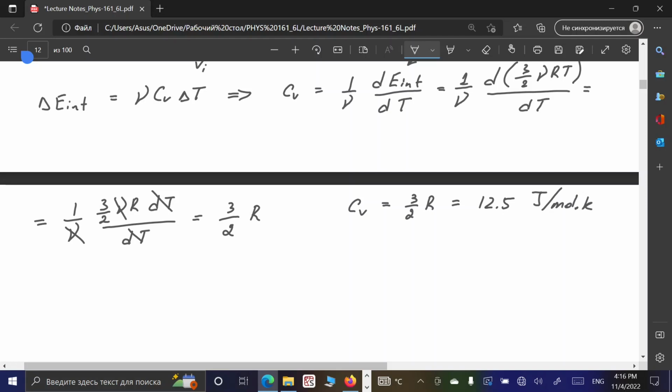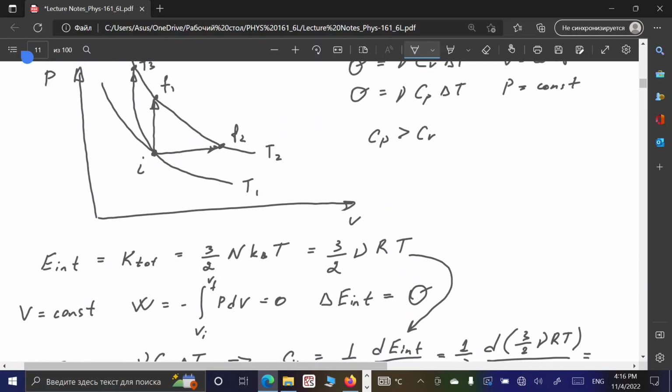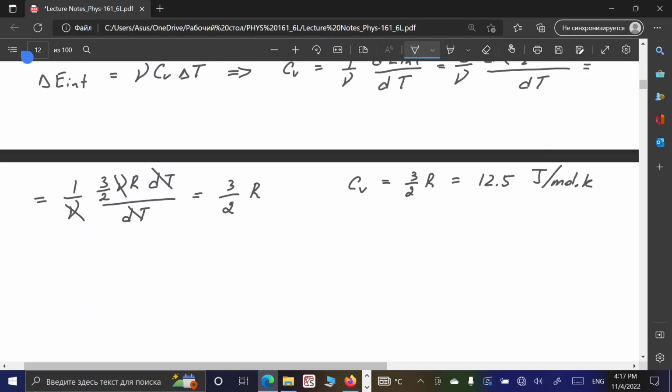So that is molar specific heat capacitance at constant volume. So we have shown in our discussion that this is smaller than specific molar heat capacitance at constant pressure. So let us show also quantitatively how much smaller it is.